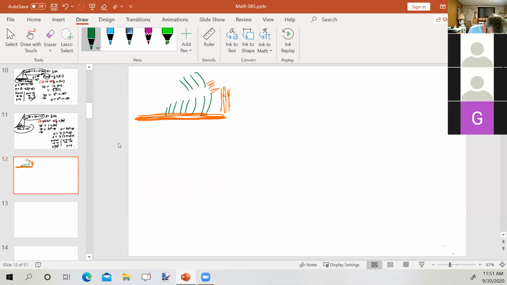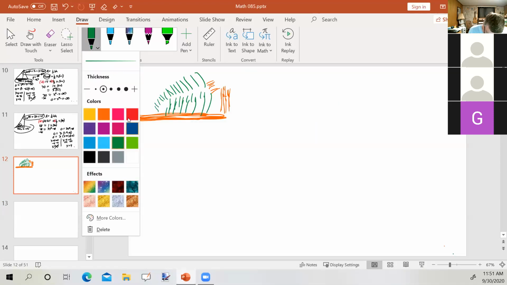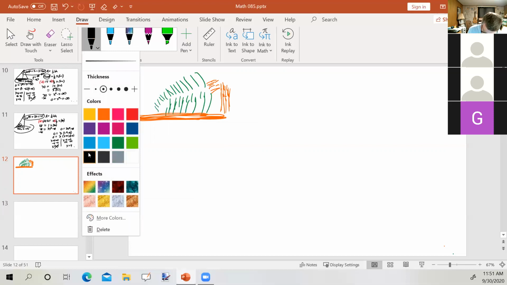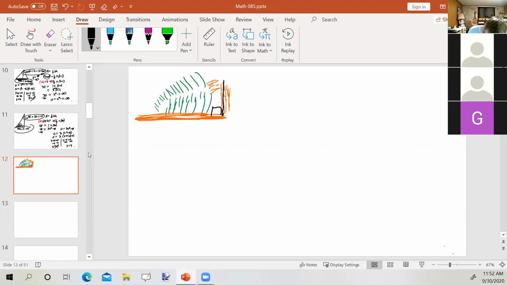Now you can see why I'm not the art teacher. So there's actually a right triangle being formed. We had this tree, a storm came along and snapped it off. Part of its trunk is still there, and the tree fell, forming a right triangle. All right, so there's the picture.